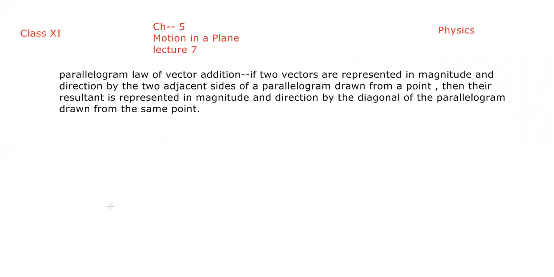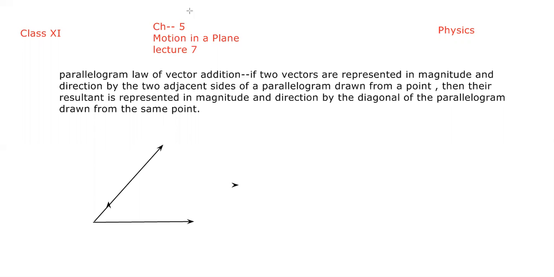So what is the parallelogram law of vector addition? In the first line it is written, if two vectors are represented in magnitude and direction by the two adjacent sides. Suppose this is vector A and this is vector B. Their resultant is represented by the diagonal of the parallelogram drawn from the same point.